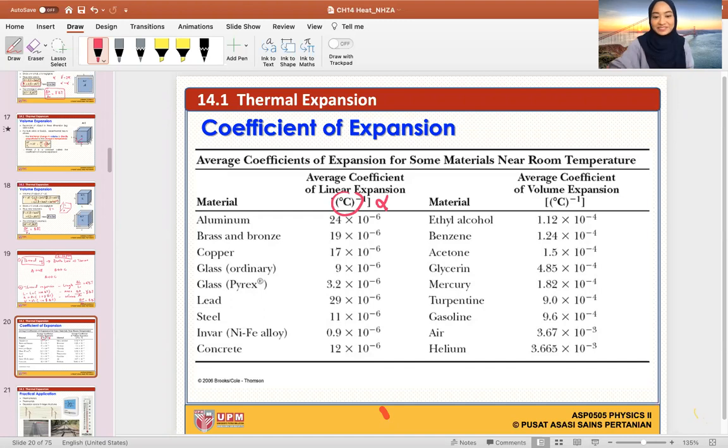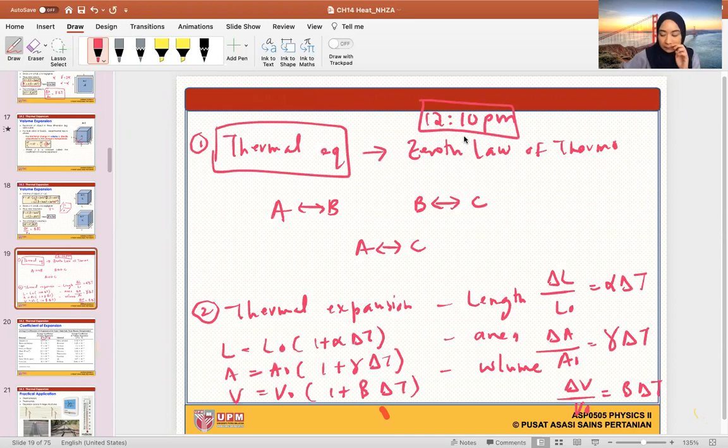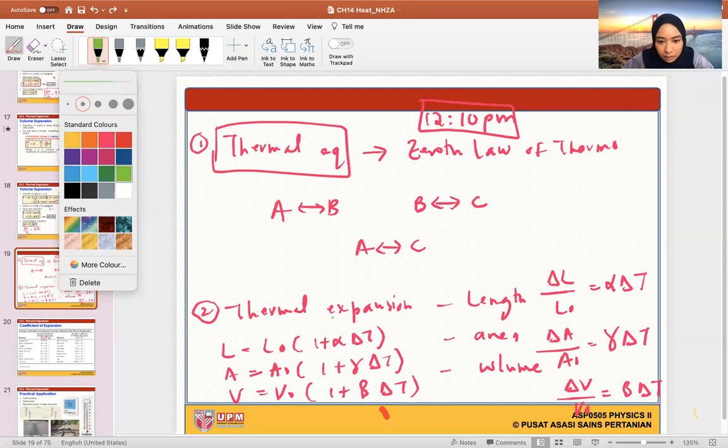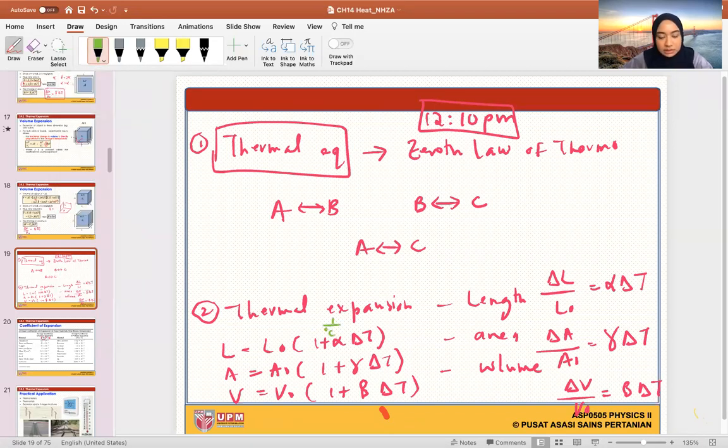Okay, sorry about that. So your alpha is over degrees Celsius, which means that in your equation, if this is over 1 degree Celsius, your delta T should be in Celsius. Let me use a different color because this is confusing. 1 over Celsius is the unit for your alpha, which means that delta T has to be in degrees Celsius.